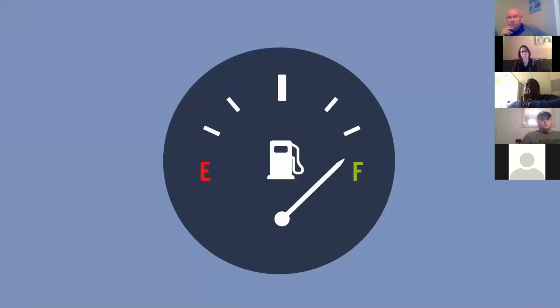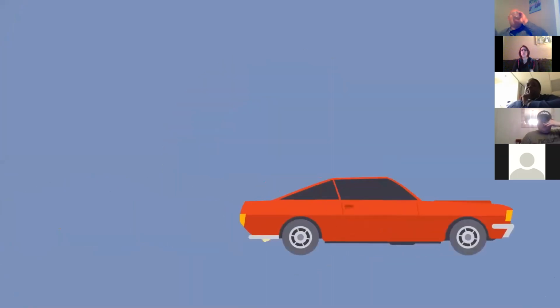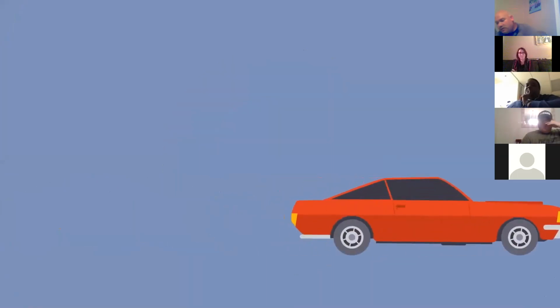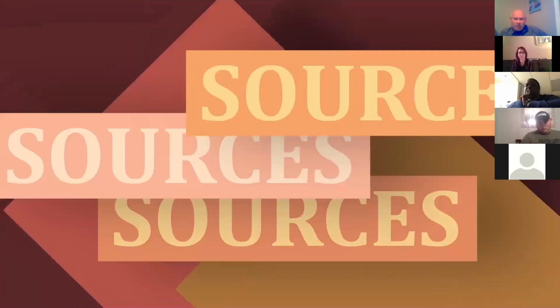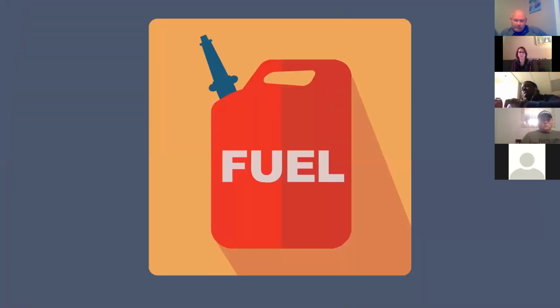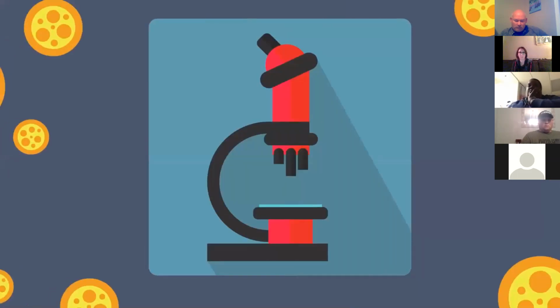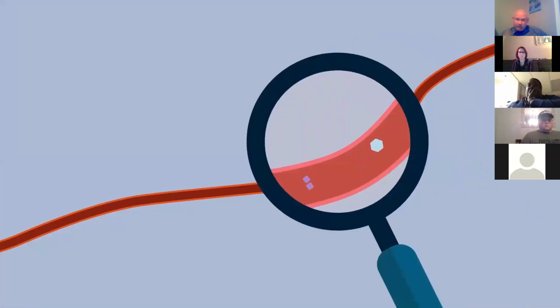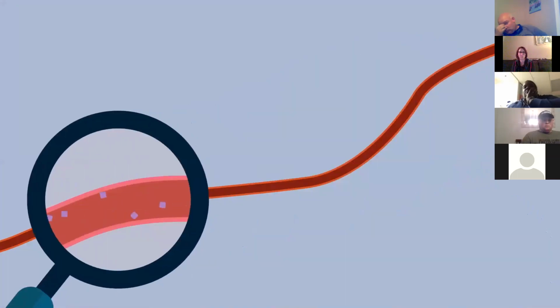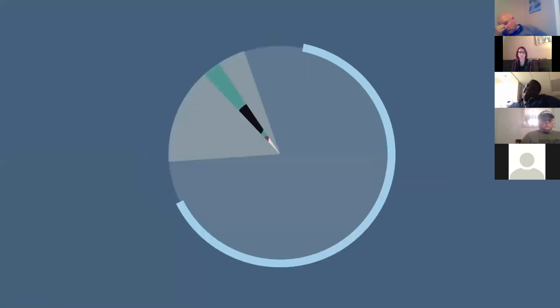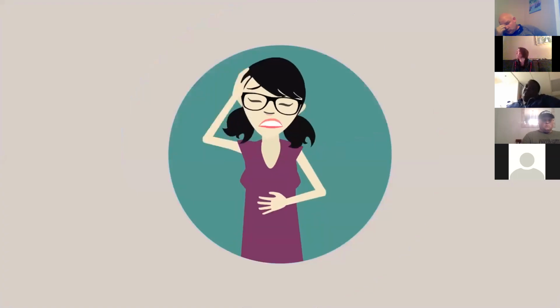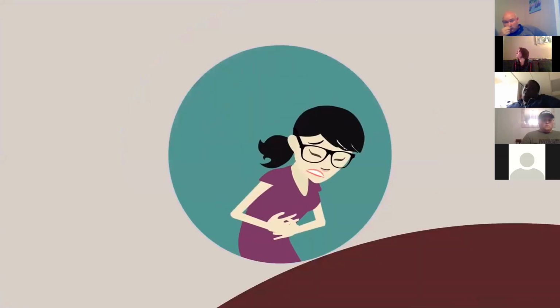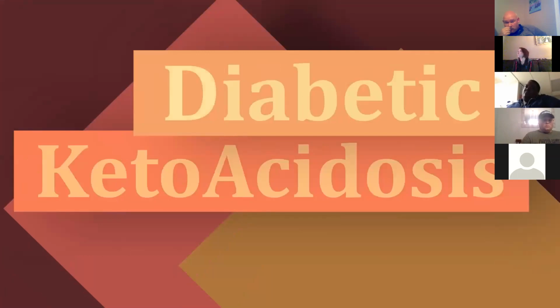If you're not getting the insulin you need, the sugar you eat stays in your blood instead of being stored in the tank. When this happens, your body won't have the fuel it needs when it needs it, and your body will seek out alternative sources to break down into fuel. One of the first sources it looks for is fat. Except when your body breaks down fat, it leaves ketones in your bloodstream that make your blood acidic. Together with high blood sugar, acidic blood from the ketones can make you sick and put your body in a state of diabetic ketoacidosis, or DKA.